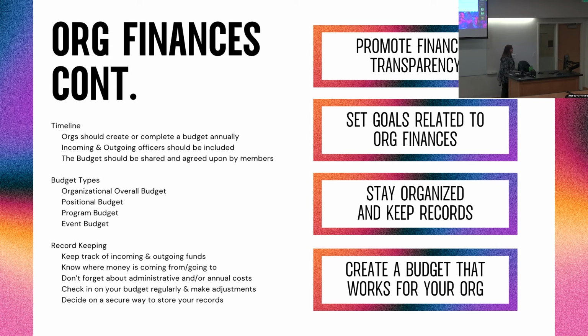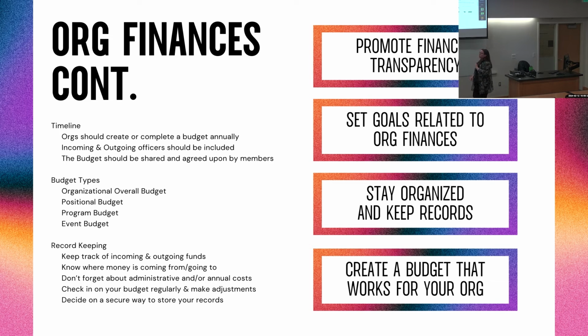Perfect. Okay, thanks. And then when it comes to creating a budget, there are different types of budgets that an organization can operate on. And it really depends on what works best for that organization. Do they just want to have one budget that outright goes over everything in one document, and you can switch the sheets and it talks about the different ways that the money is being spent, the different income that is happening?